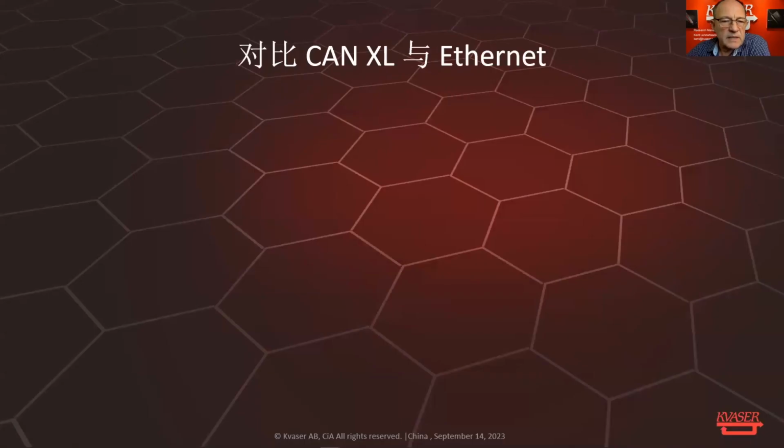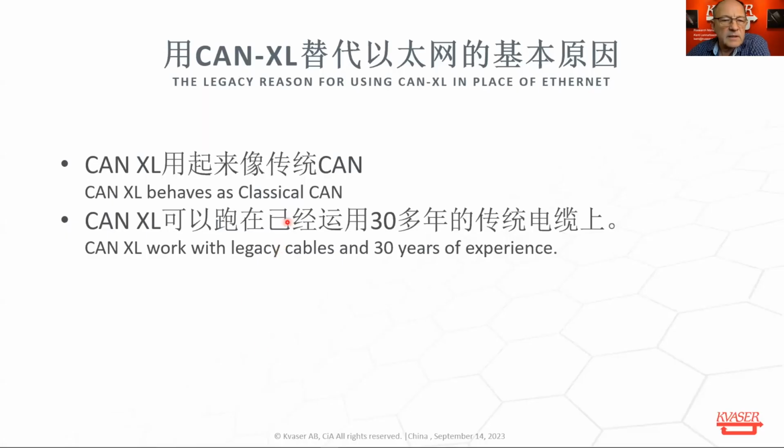And next, I will make a short comparison of why you should stay with CAN-XL instead of replacing it with Ethernet. First of all, it's easy to migrate because CAN-XL in the beginning behaves exactly as classical CAN, and you can use the CAN-XL controller in a classical CAN network.